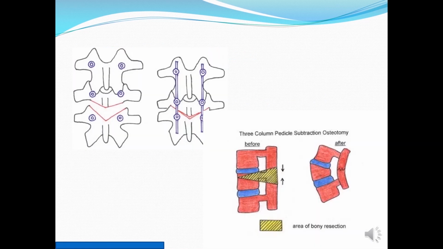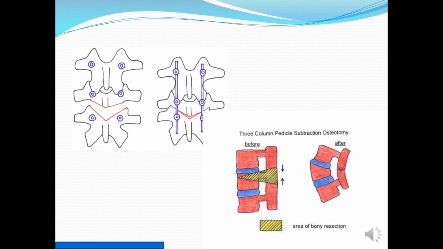In this diagram, you are closing the wedge through the posterior approach by resecting the facet joints or even the pedicle subtraction technique, then applying a posterior construct, you close the wedge, or you can open a wedge if you wish.